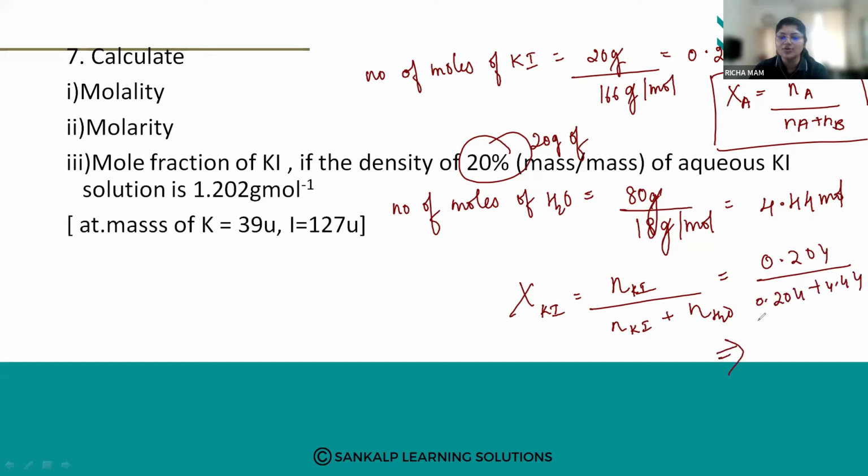Okay, so just see how much you're getting. Mole fraction of KI, what is the answer? Yes, see what answer you're getting. 0.204 plus 4.44, this comes to 4.644.